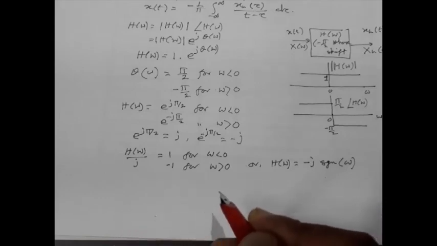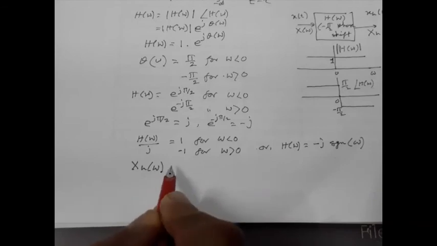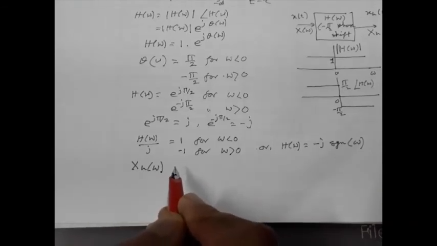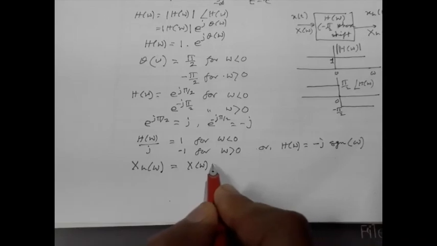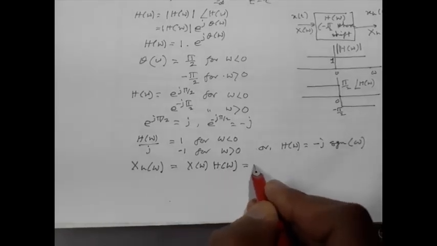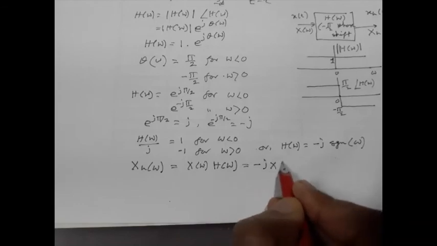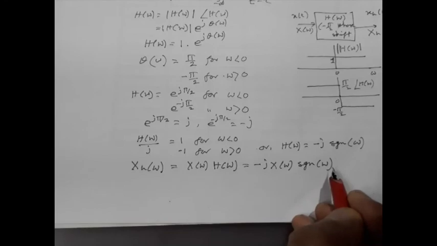The response xh omega of the phase shifted system can be written as x omega into h omega, that is equal to minus j x omega signum omega.